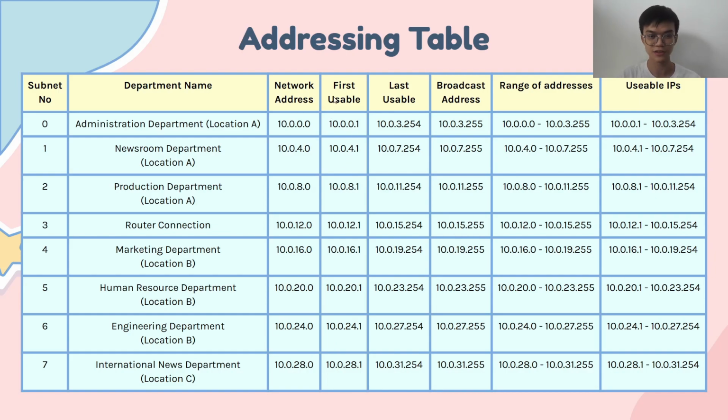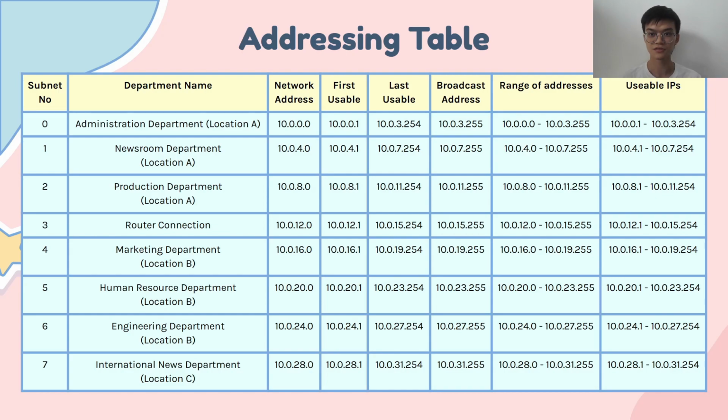For the first usable address, we take the address right after the network address, which is 10.0.0.1. The last usable address is just before the broadcast address, which is 10.0.3.254.